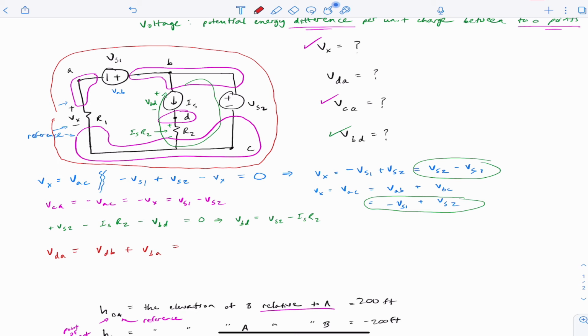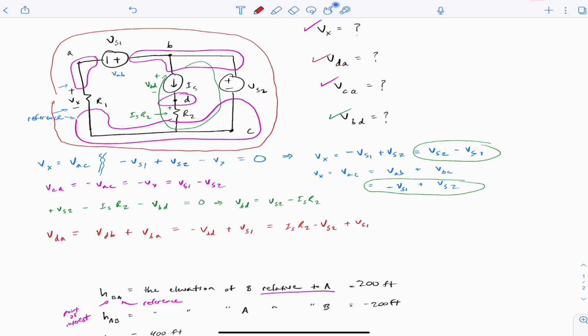So let's put in here negative VBD. And then VBA is VS1. So negative VBD is ISR2 minus VS2. And then we add the VS1. So that's our VDA.